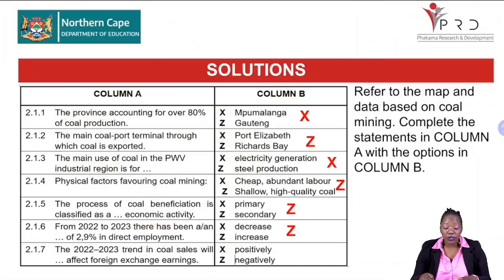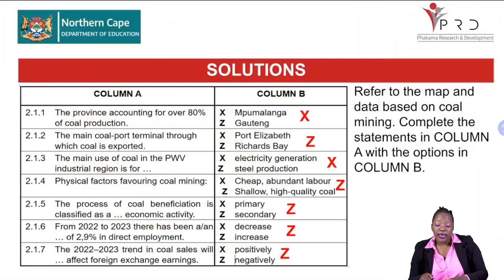Then your 2.1.7, the 2022 to 2023 trend in coal sales will positively or negatively affect foreign exchange earnings. It will be negatively, because you can see between 2022 and 2023, it's been decreasing. So therefore, it is negatively.